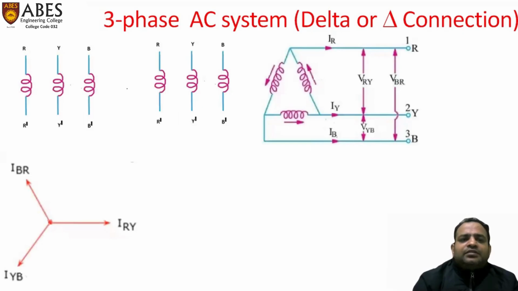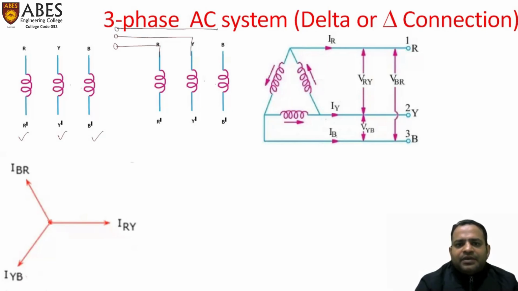So here we have three phases R, R dash, Y, Y dash, and B, B dash. We have a three-phase power supply which is connected to one end of these three phases. This is our RYB power connected to the phases, but the other ends of these three phases are connected in this way.